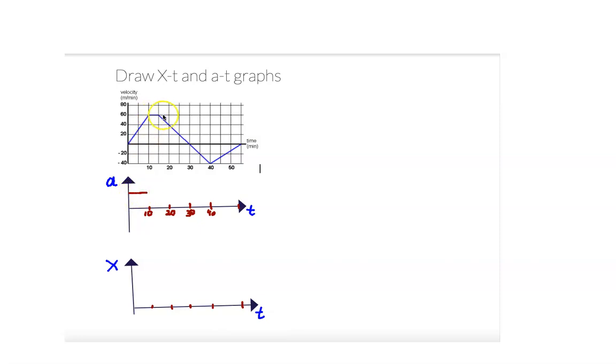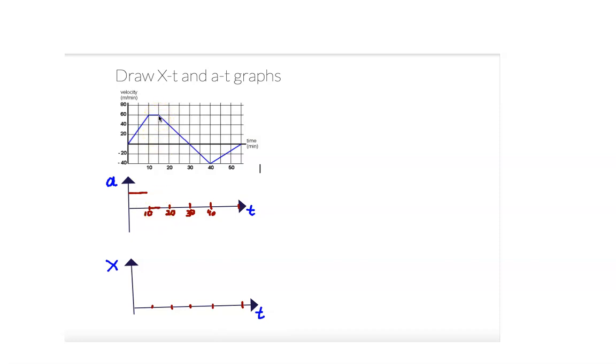For the next 5 minutes, I have a constant velocity, which means I have zero acceleration, which I will show on this line for zero acceleration.